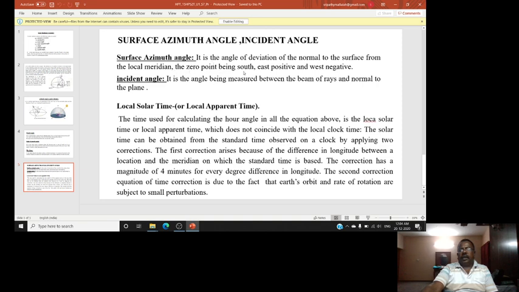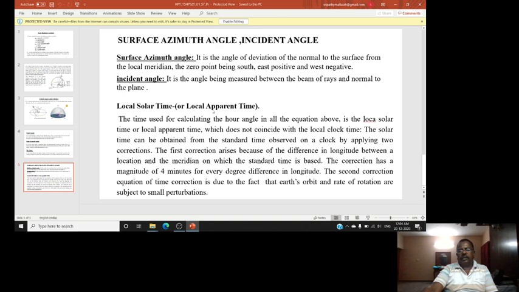It is the angle of deviation of the normal to the surface from the local meridian, the zero point being south, east positive and west negative. And coming to the incident angle, it is the angle measured between the beam of rays and the normal to the plane.